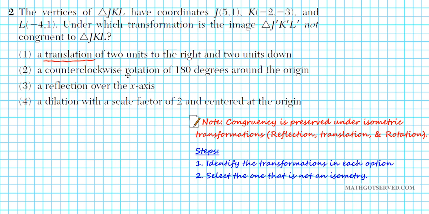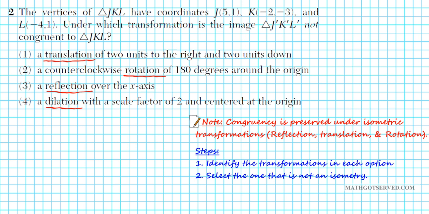Option 2 is a rotation, rotation about an axis. 3 is a reflection, and 4 is a dilation. Now, out of these 4, which of these is not an isometry?